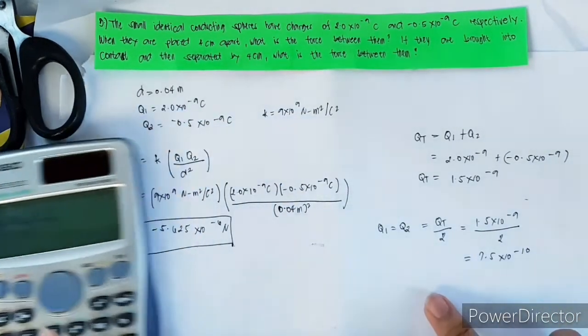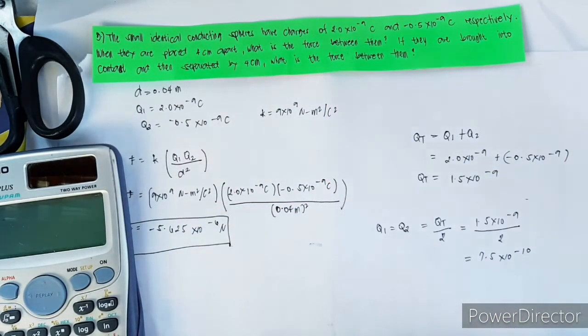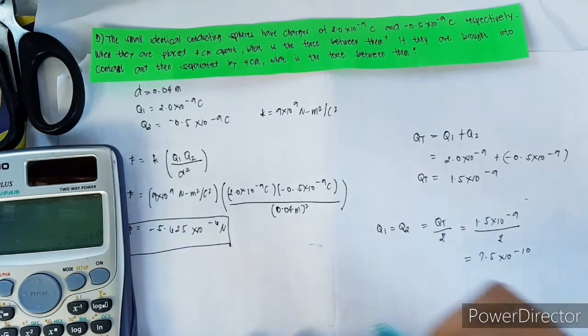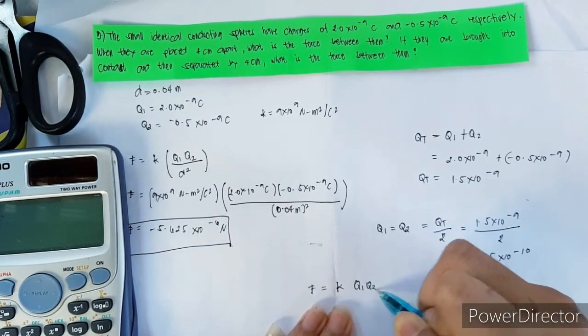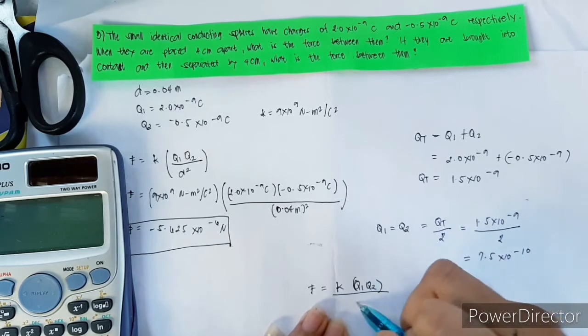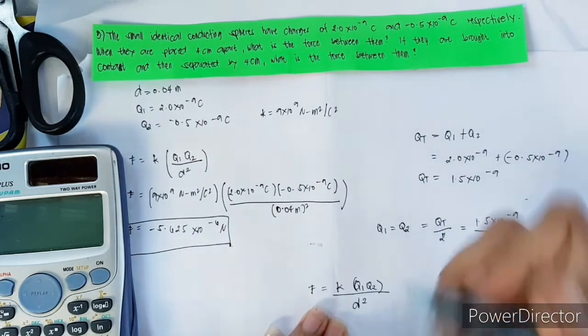And from that, we will be able to calculate the force between them using Coulomb's law. F is equal to K Q1 times Q2 over the square of the distance.